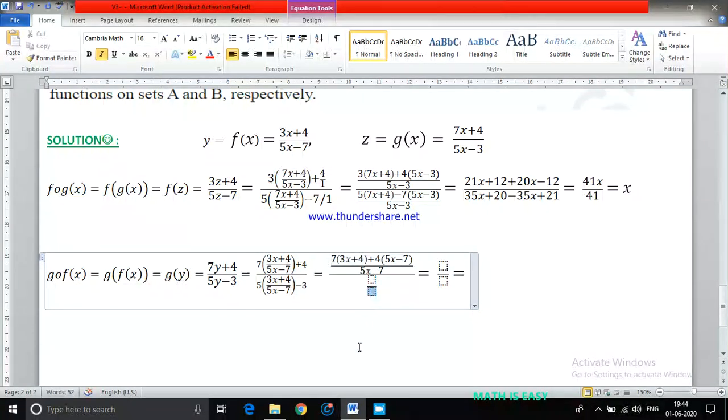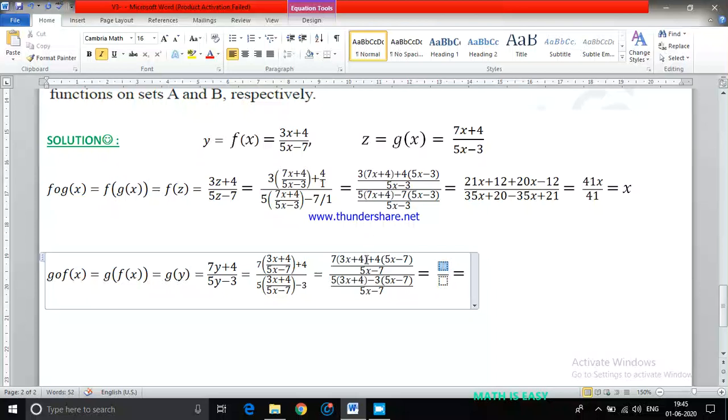And here also the LCM is 5x minus 7, and here it is 5 times 3x plus 4, minus 3 times 5x minus 7. So here also the denominator is 5x minus 7, and here also the denominator is 5x minus 7. So both the denominators will get cancelled.